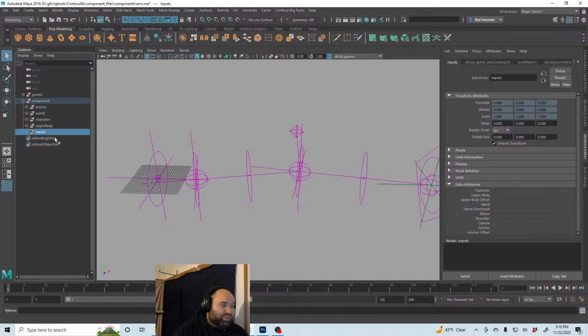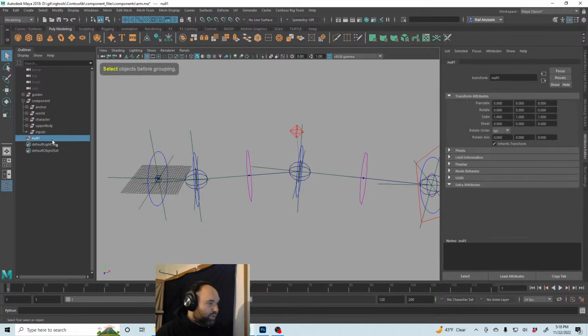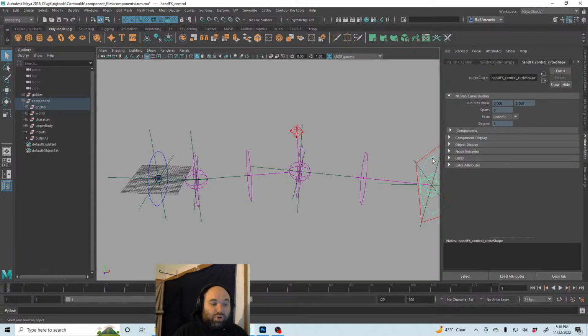But we will still need some outputs here, though, because we're going to need to parent stuff. So actually, here we are in the arm. We need to make a modification to the arm. Let's do that right now. I am going to make an outputs node. And the reason why I need an outputs node is if I'm going to drive the fingers, I need to know the current transformation of the output transformation of any of these controls, specifically these various joints.